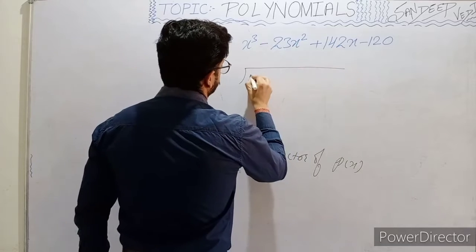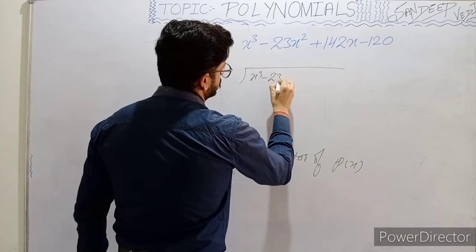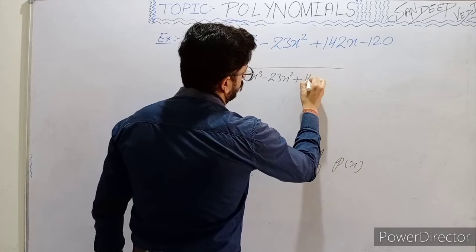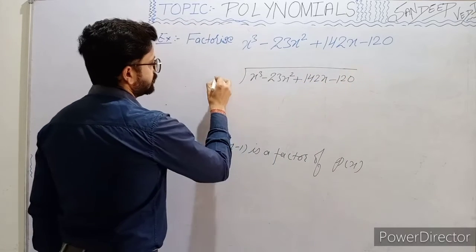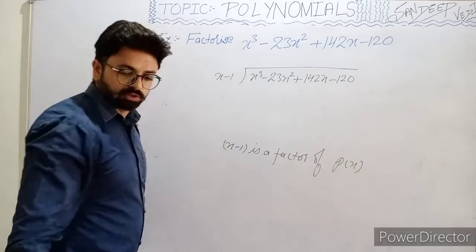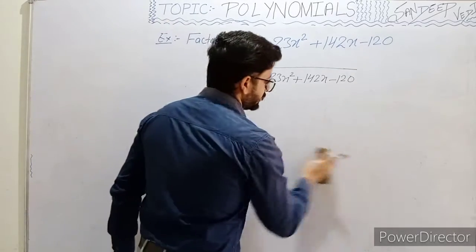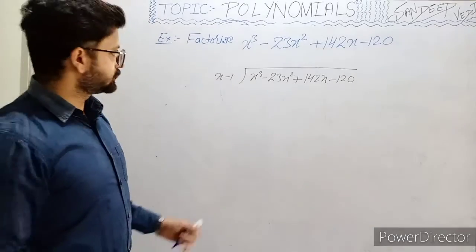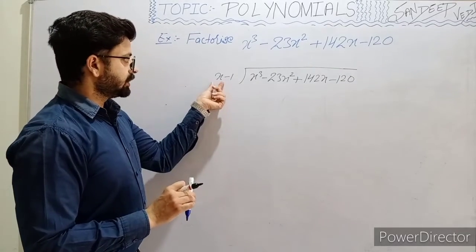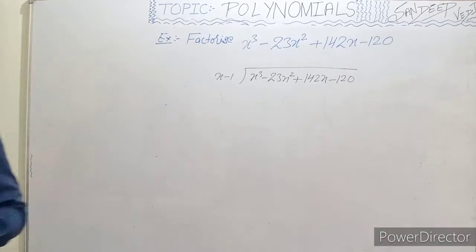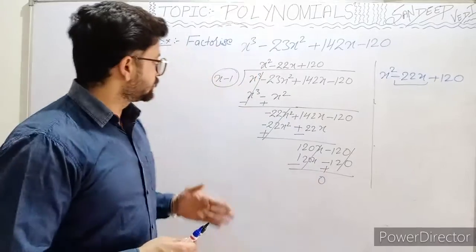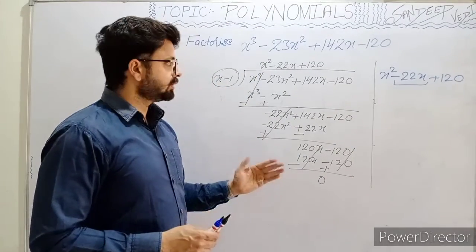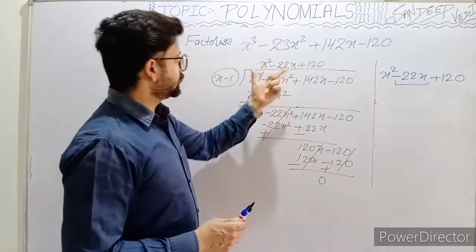So divide x cube minus 23x square plus 142x minus 120 by x minus 1, as we have discussed already in our previous videos. So what to do? Direct division. As we have discussed this long division, now we got the quotient.